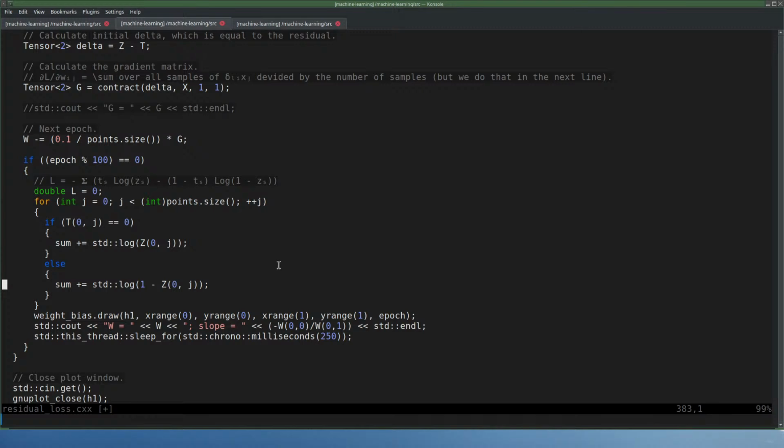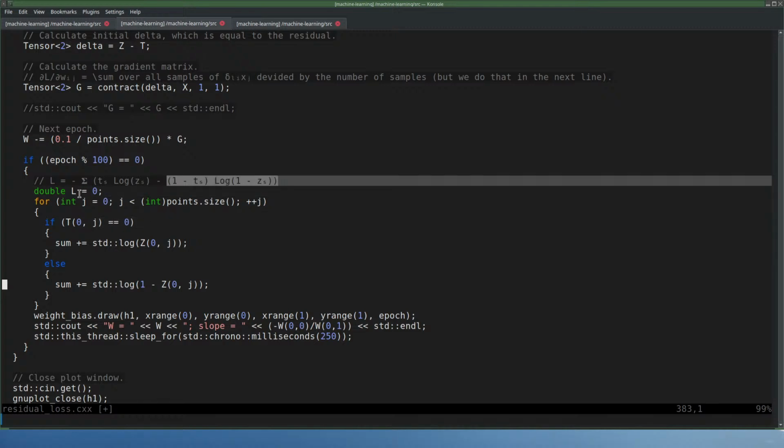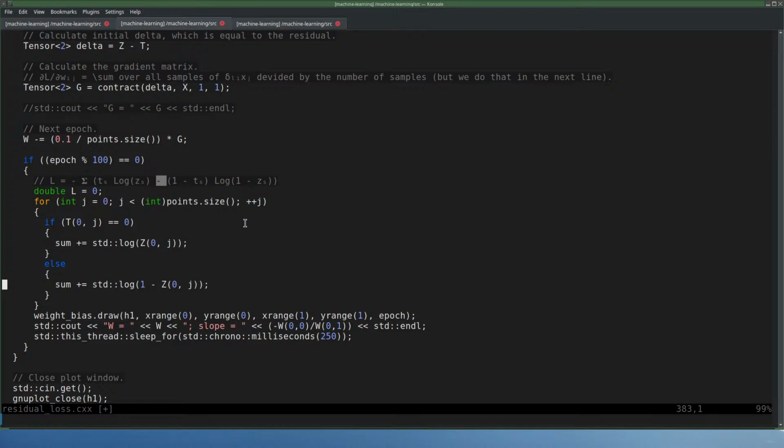That's totally wrong, but hey, it's a beginning. So if t equals 0, then we have this one, and that minus and minus drops away, so we want to add the logarithm of 1 minus z if t equals 0. So it's the other way around. And then if t is not 0, aka 1, then this drops out and we want to subtract the logarithm of z.